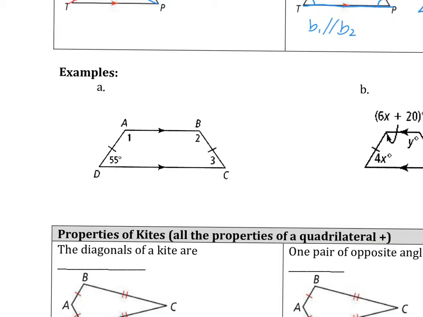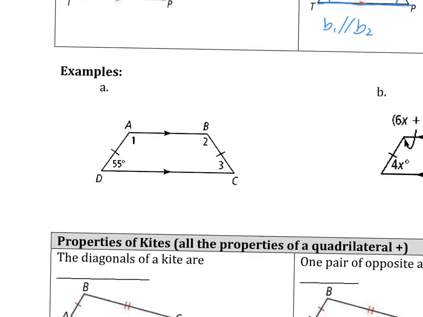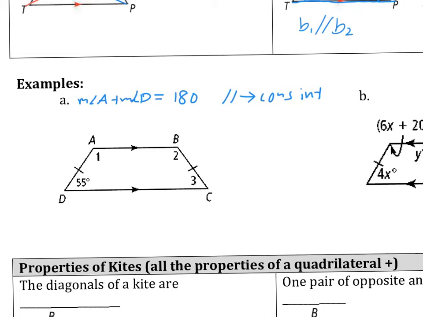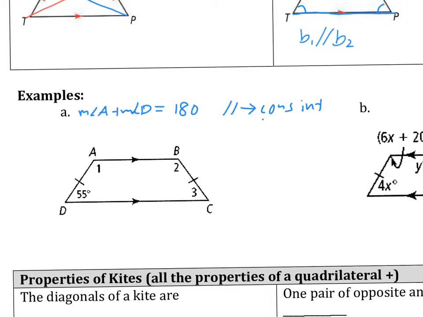As we set it up, if it asks for a reason, always be prepared to give a reason. We could say something like this: the measure of angle A plus the measure of angle D is equal to 180, and the reason for that is parallel lines cut by a transversal, consecutive interior angles are supplementary. So quickly we can solve that.